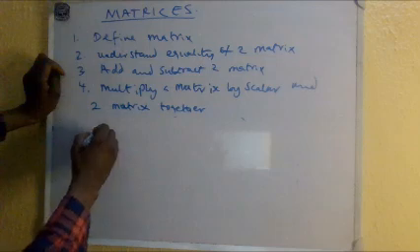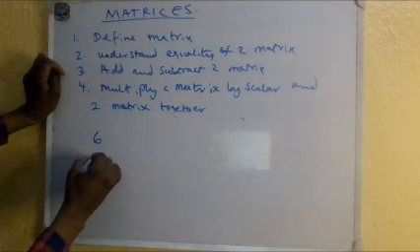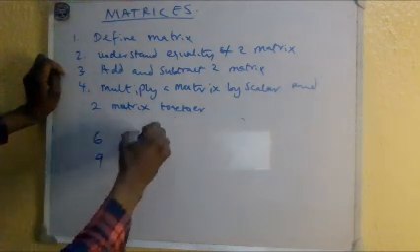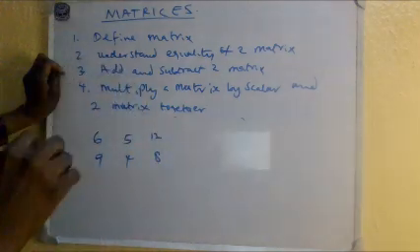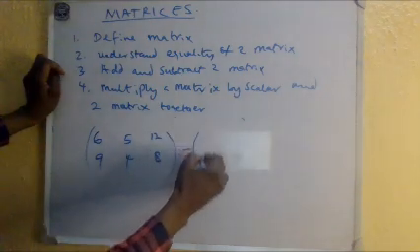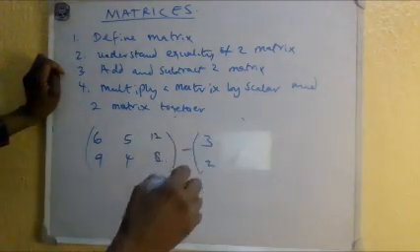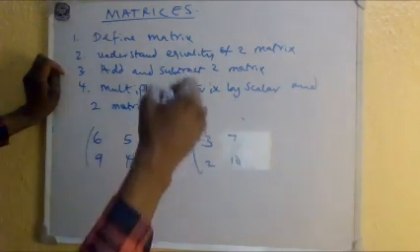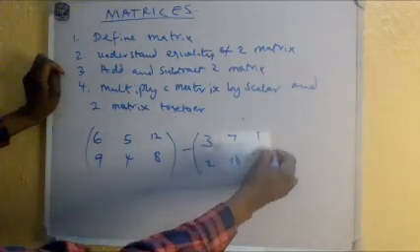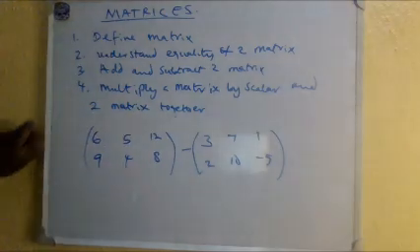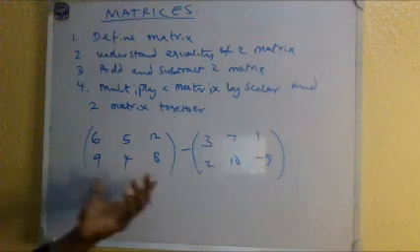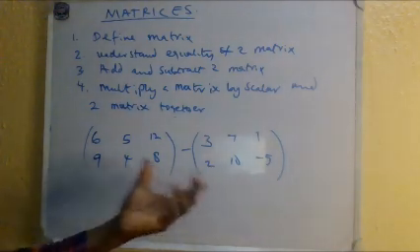So if, for instance, we have this matrix 6, 9, 5, 4, 12, 8, minus 3, 2, 7, 10, 1, 5. So we have to do subtraction of these matrices. We are going to map it clearly, but first of all, inspect. You see that they are 2 by 3 matrices. The order is the same.